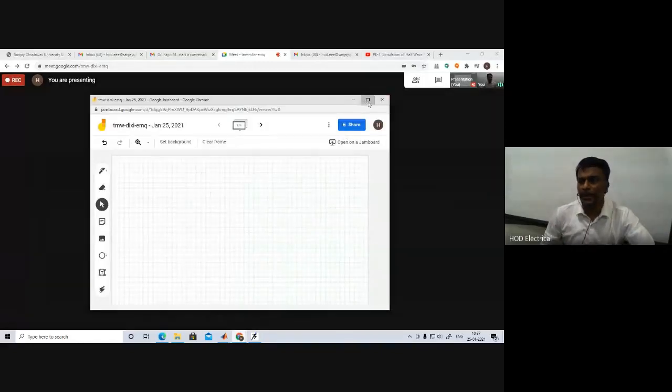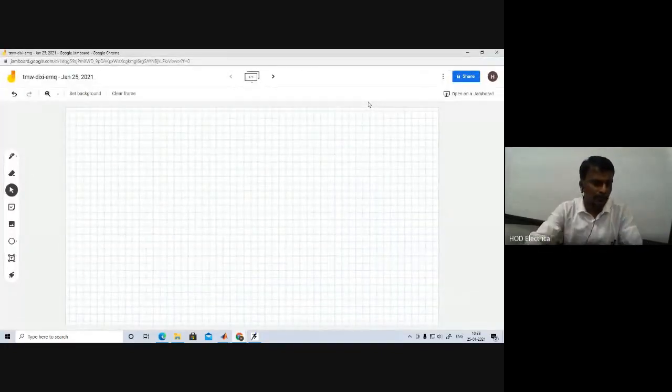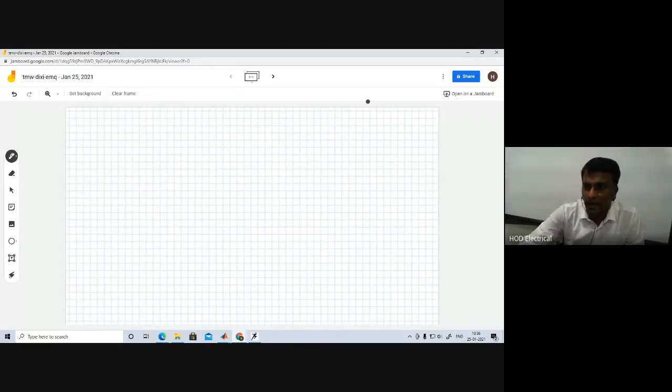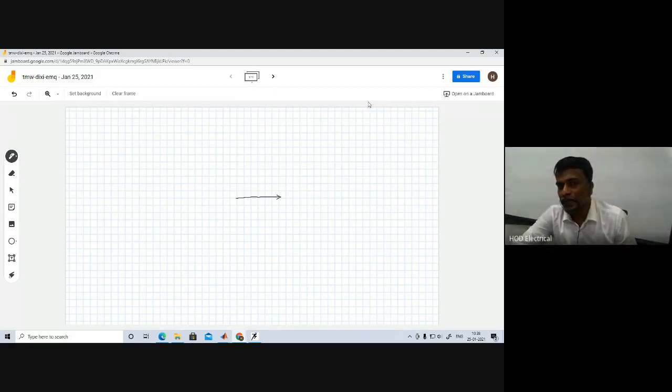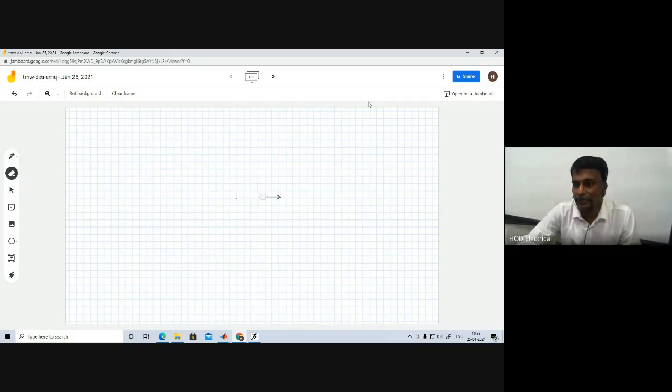In this three-phase full converter, normally we have three phases. This is R phase. Then we can write it in a different color so that you can easily understand.